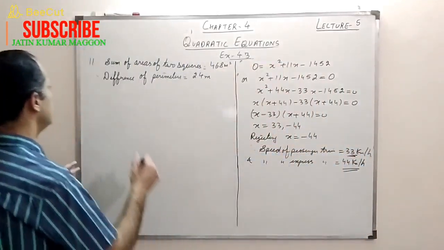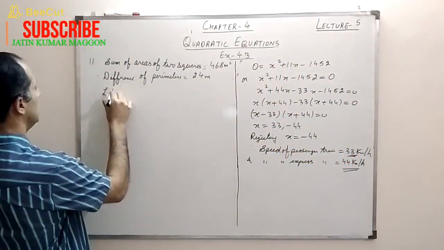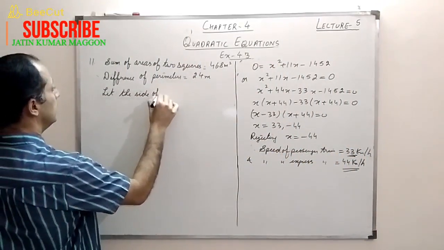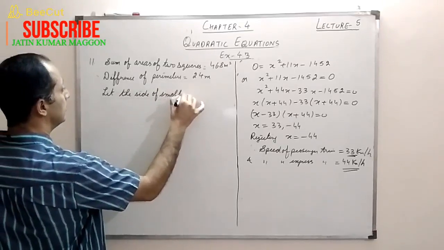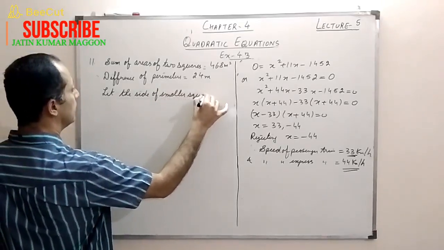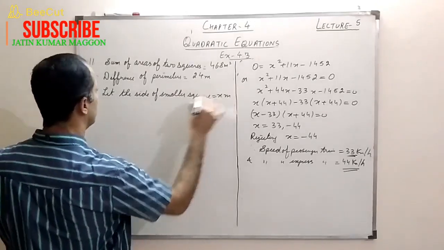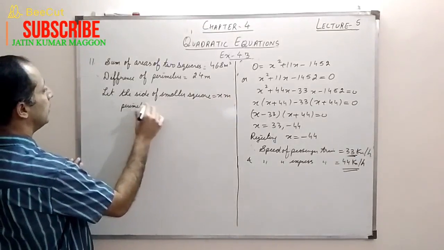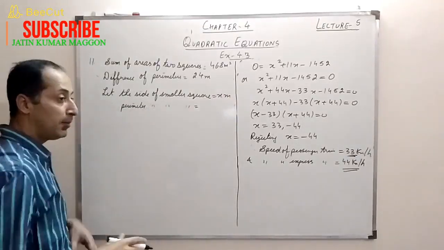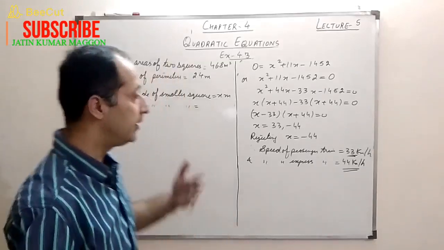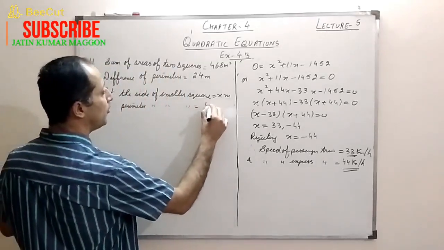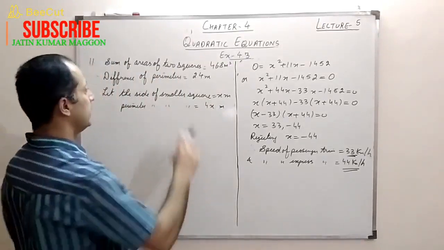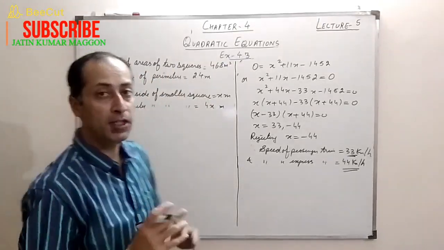So let the side of the smaller square be x meters. Therefore, the perimeter of the smaller square would be, what is the perimeter of a square? It's 4 into side. So here the side is x, so we have 4x meters. Now, this is the perimeter of the smaller square. The difference of the perimeters is given as 24 meters.